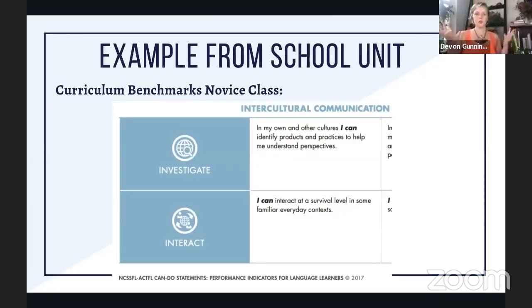Okay, so from our school unit, this is what I would do. If I was crafting a school unit, which I am for my own curriculum, I would put at the top the curriculum benchmarks for my novice level class. I want them to be able to investigate and interact at the novice level. Okay, so survival, familiar, everyday context.